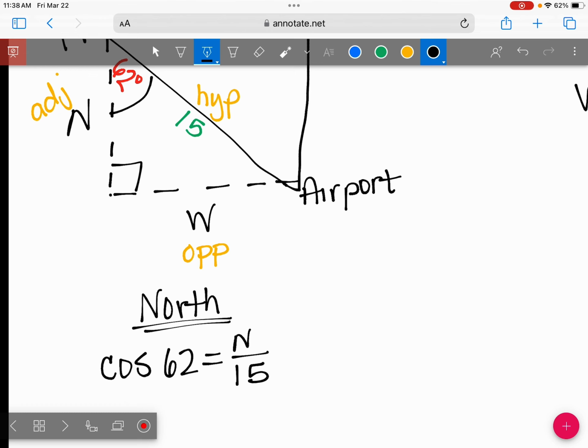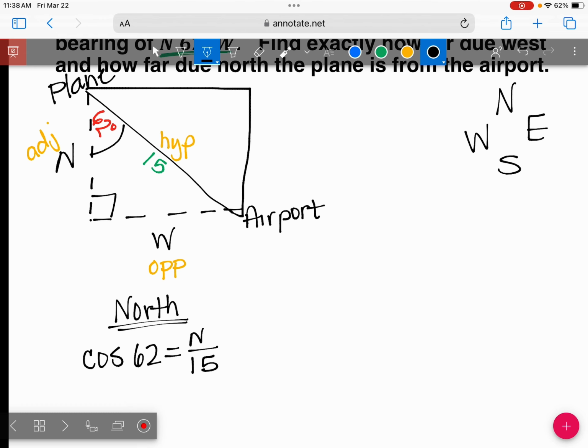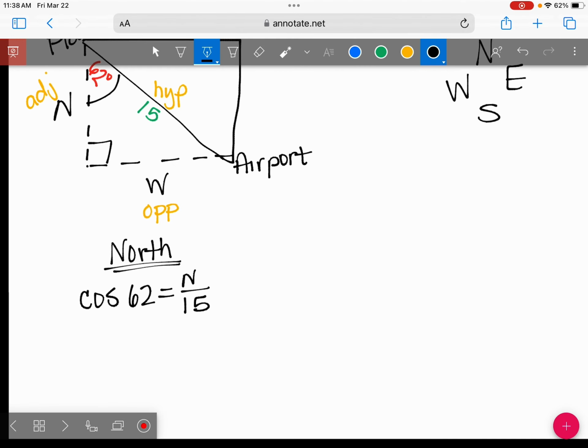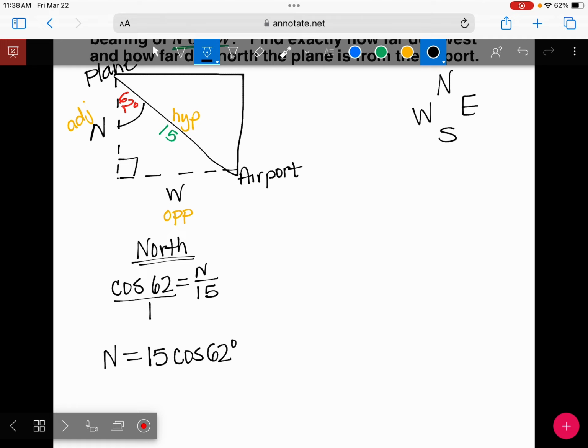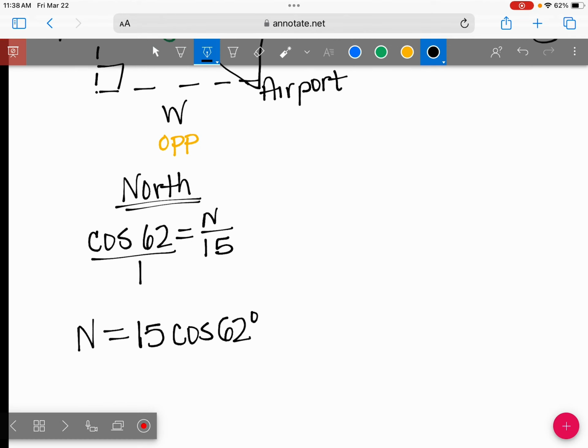So let's go ahead and solve that for north. So again, that's a ratio. So north should equal 15 times the cosine of 62 degrees. So let's go ahead and type that in your calculators.